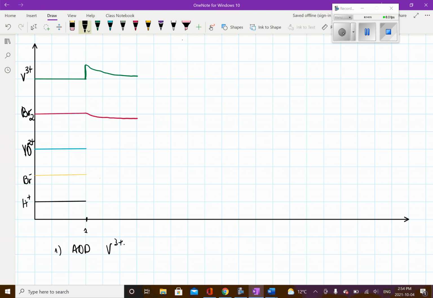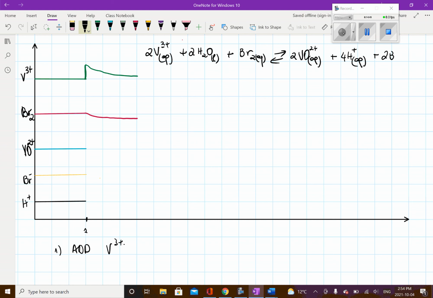So if you remember the reaction that we had, it was 2 V3 plus in aqueous solution plus 2 water molecules in liquid plus bromine in aqueous solution, and then it is reaching the equilibrium to VO2 plus in aqueous solution plus 4 hydrogen plus and 2 Br minus in aqueous solution. Okay, so there will be a slight change.